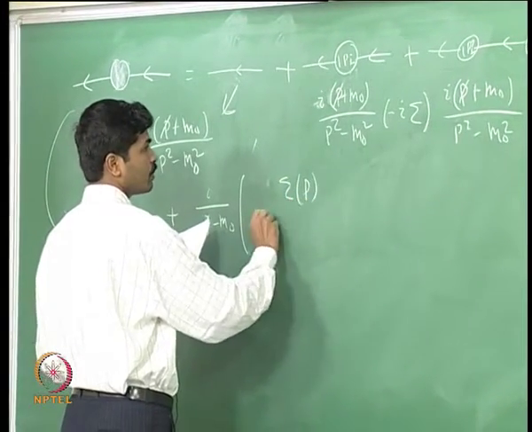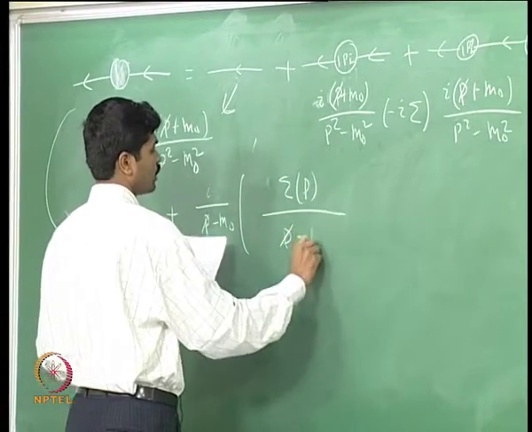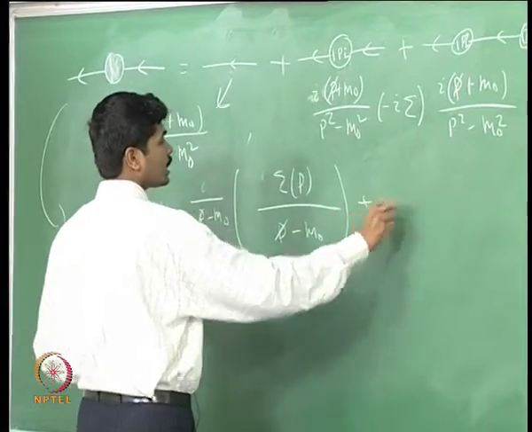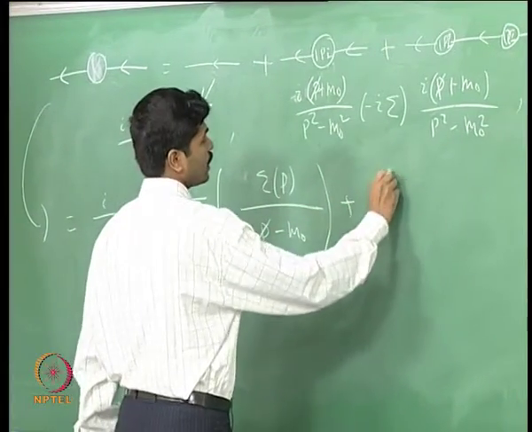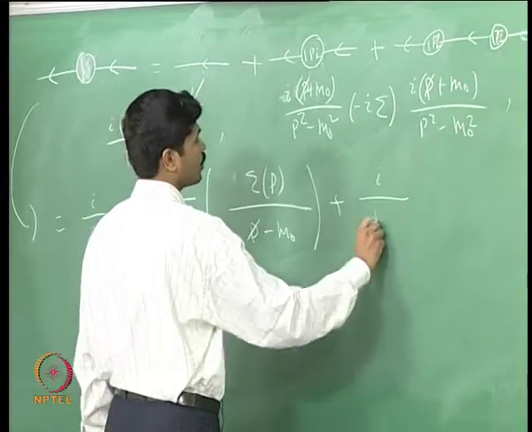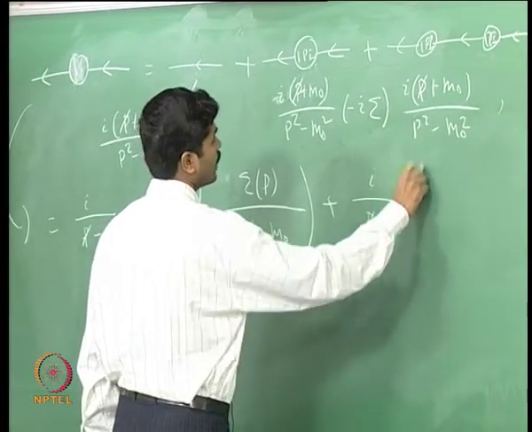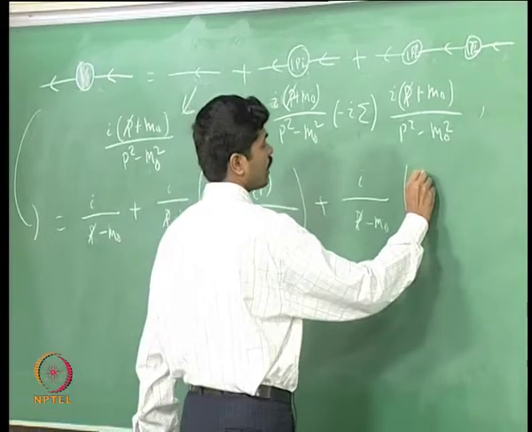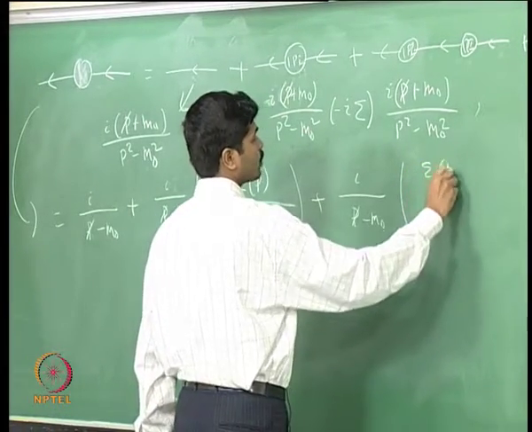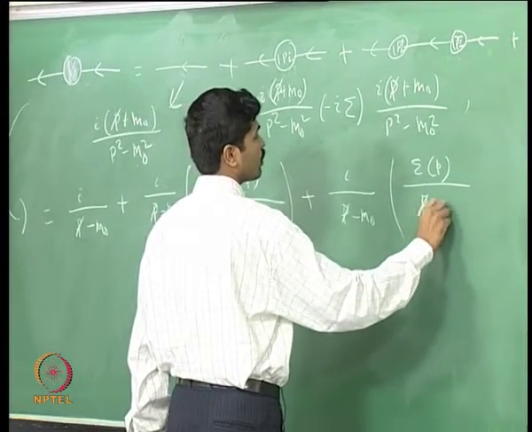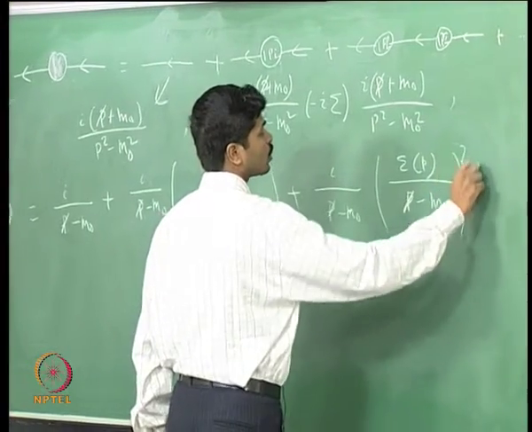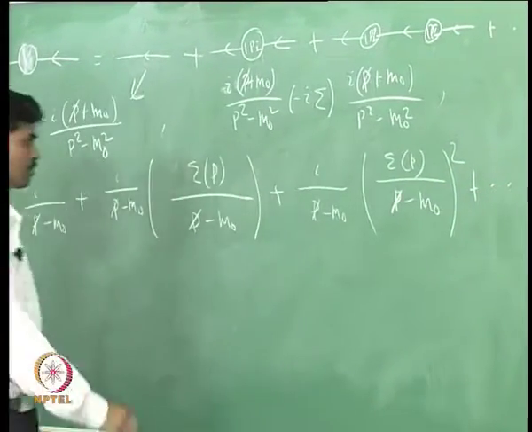So sigma of p divided by (p-slash minus m0), and the next term will be exactly like this. You will have i over (p-slash minus m0), and this quantity will appear twice. So you will have sigma of p divided by (p-slash minus m0) whole squared, and so on.